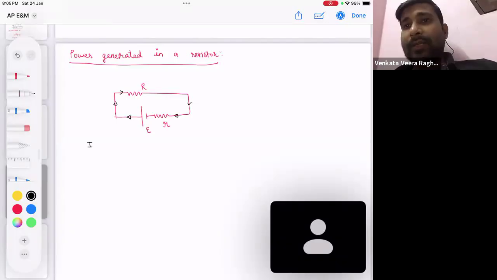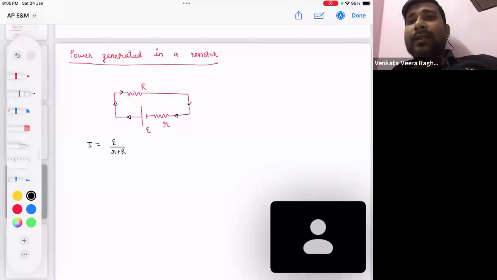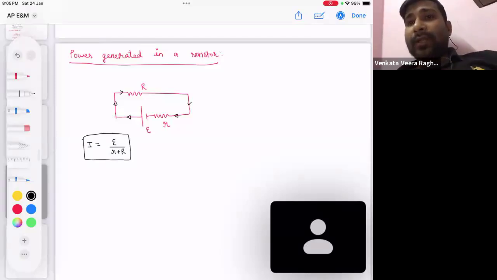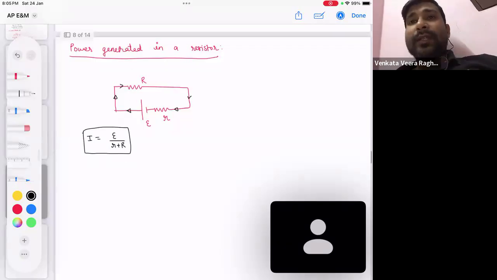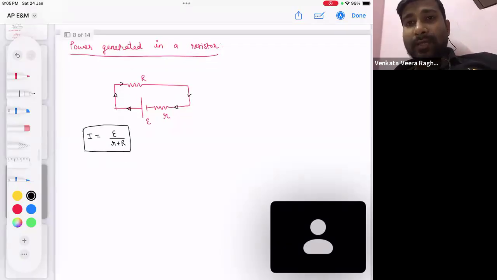If I calculate the current, we get EMF divided by total resistance, and the total resistance is small r plus capital R.